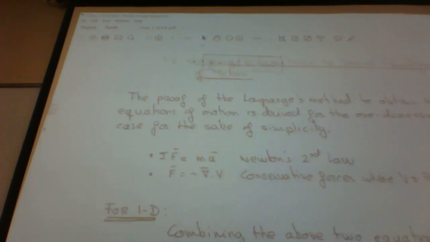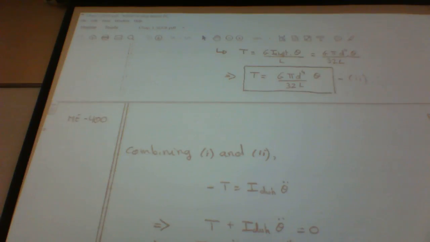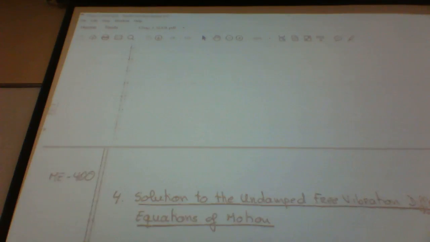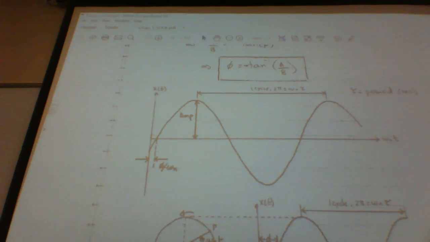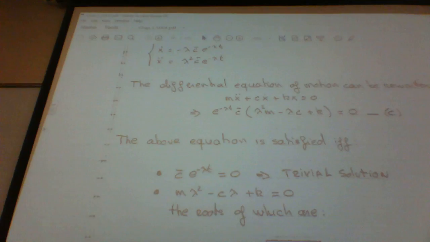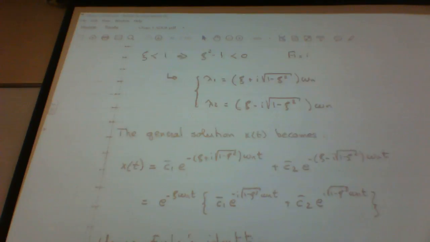Let's see, ME400, course material. At least my intention was to make you go. This is 1 cycle equals 2 pi over omega.